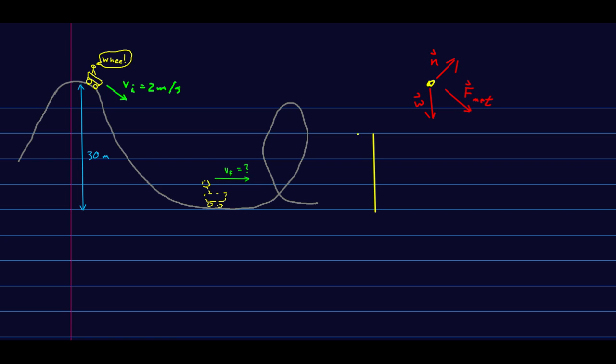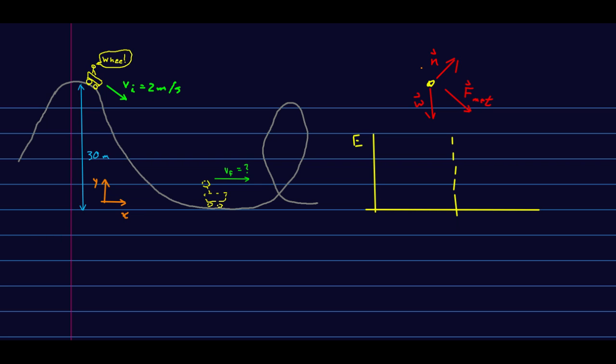So I'm going to start with an energy bar chart. And you know what's happening here. It's going down, so this cart is losing gravitational potential energy. So I'm going to set my axes down here. And looking ahead, that means I'm defining my final gravitational potential energy to be 0.